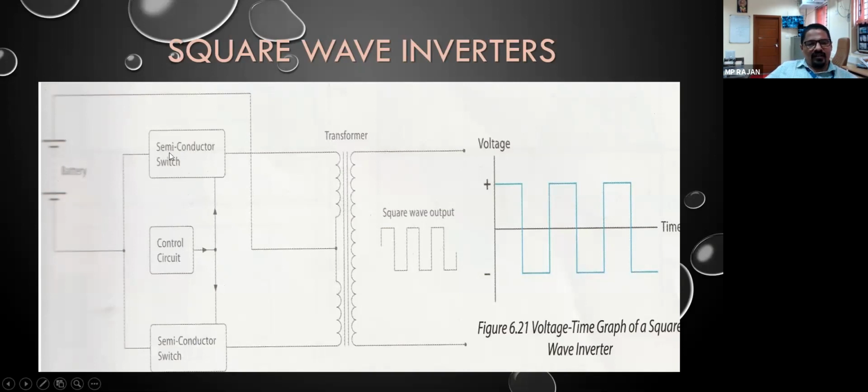So when this is on, the DC power supply goes through the first half of the transformer primary winding. The supply circuit is completed. So here in the transformer, your direction of current is like this. The second time, when semiconductor 2 is conducting, the supply goes through this one.